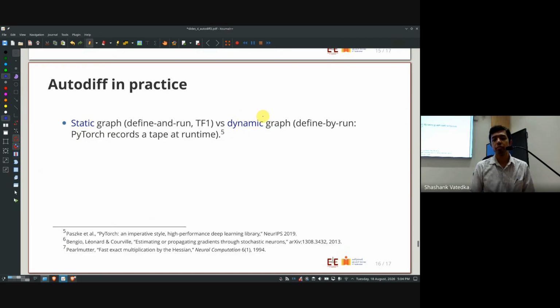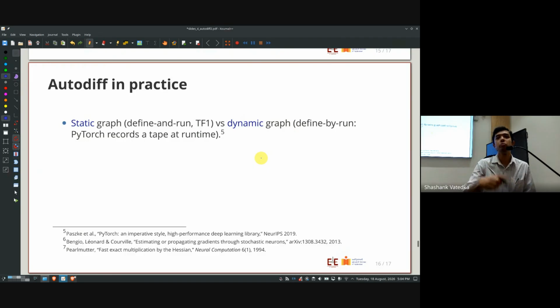There are also many advantages for dynamic graphs, particularly when you do things like recurrent neural networks, where it's very difficult to represent that using a static graph, or the graph itself has to change at runtime. Let's say you have some operations put in a loop, right?